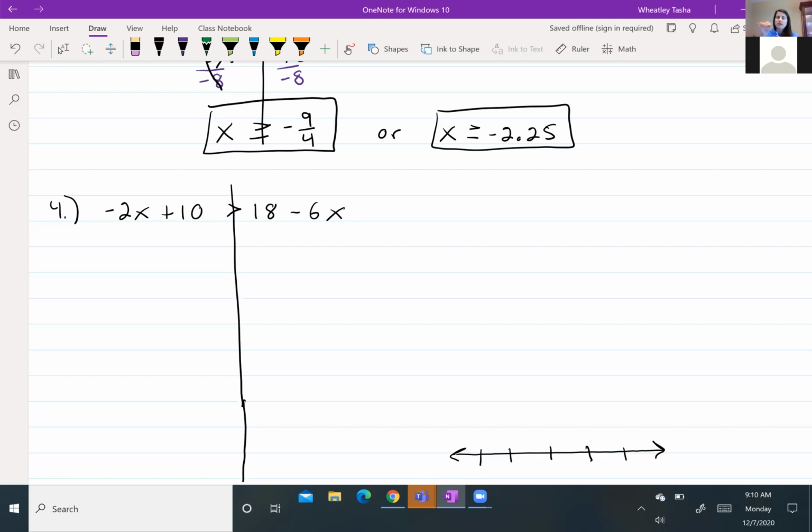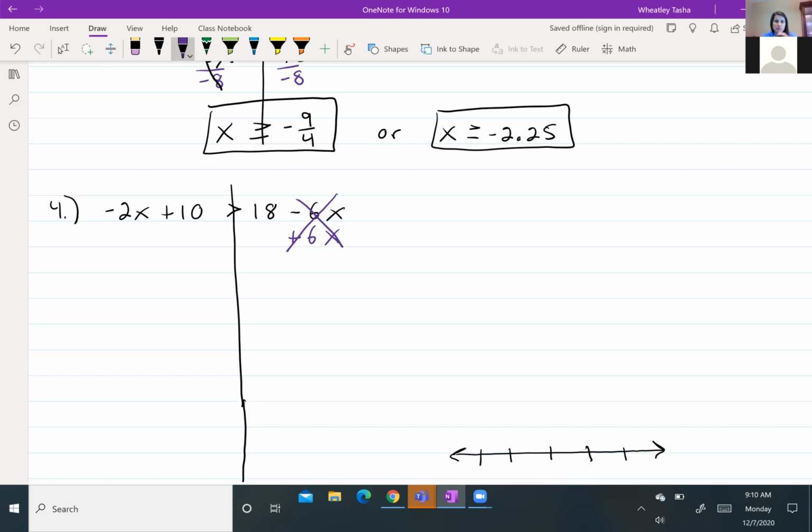So I want to move the negative 6x because negative 6 is smaller than negative 2. The inverse of negative 6x would be plus 6x. So that's what I need to do because I need to cancel it out. And then whatever I did, so plus 6x, I need to put on the other side. And I need to combine it with the like term.